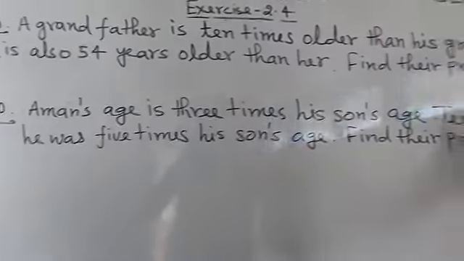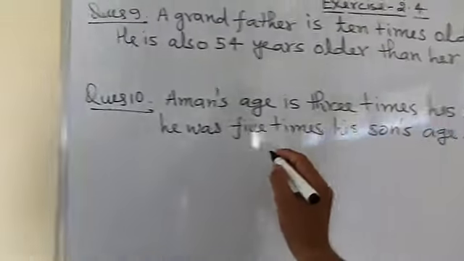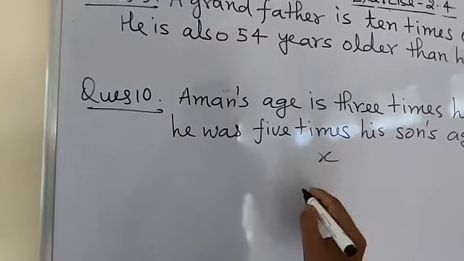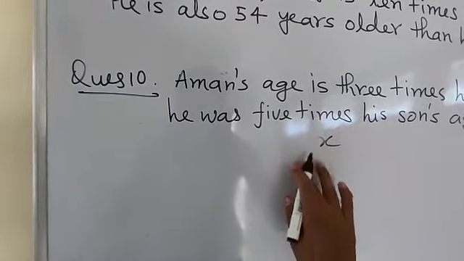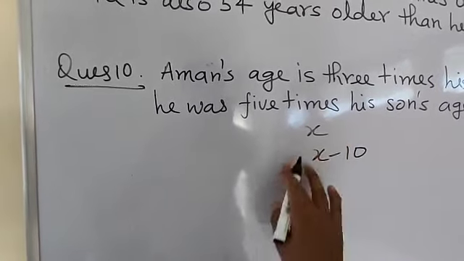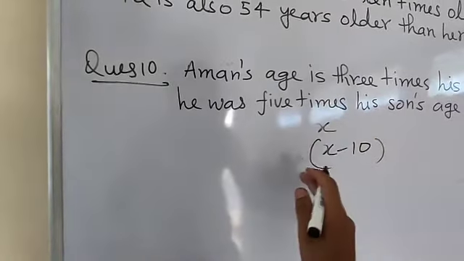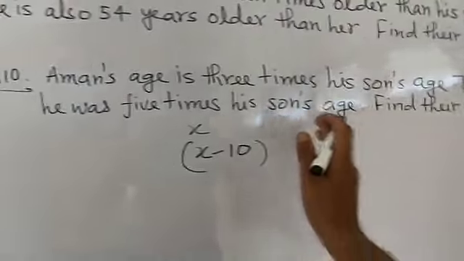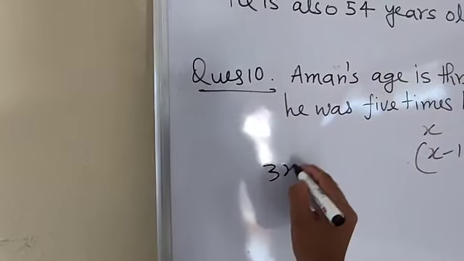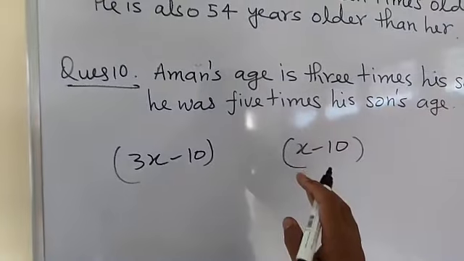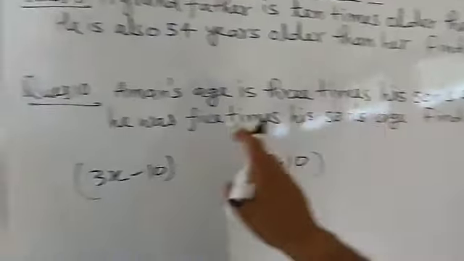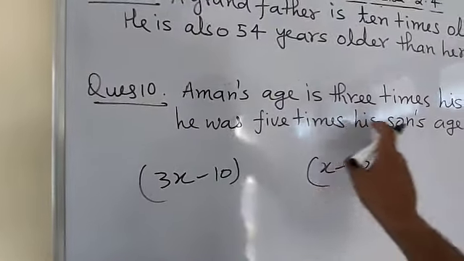Now the relation is given for 10 years ago. So if the present age of the son is x, then the age 10 years ago will be x minus 10. Aman's age 10 years ago will be 3x minus 10. Now it is given that 10 years ago Aman was 5 times his son's age.